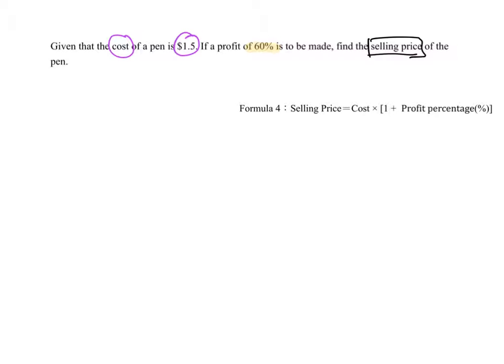Now I will show you why we can use this formula to find the selling price. Firstly, we consider the right hand side of the formula. Cost times bracket 1 plus profit percentage.